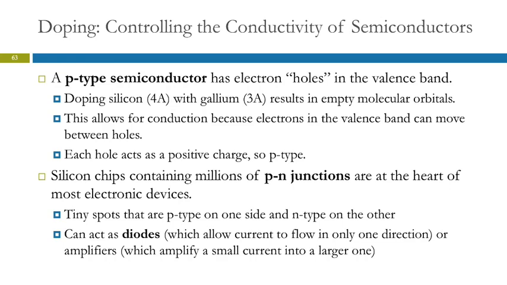A diode is an interface which allows current to flow only in one direction. They can act as amplifiers, taking a small current and changing it into a larger one. And that gets into the whole business of electronics and electrical engineering, which is also very interesting, but not the topic of this class. Any questions?